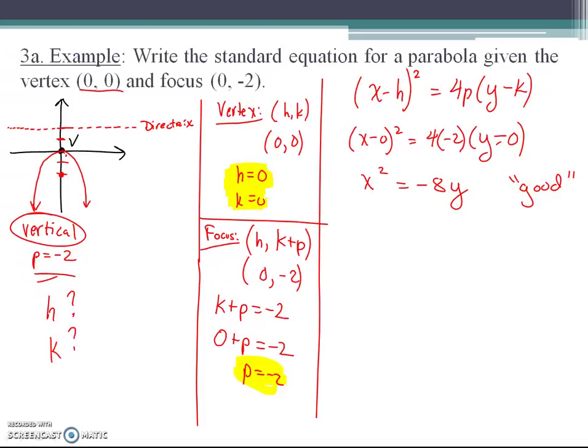Here is good, but it's best if you put it into that very generalized form we talked about on the very first slide of this section. So what you really want to do is expand everything and put it all on one side. So we're going to say x^2 + 8y = 0. And this we'll say is the best answer.